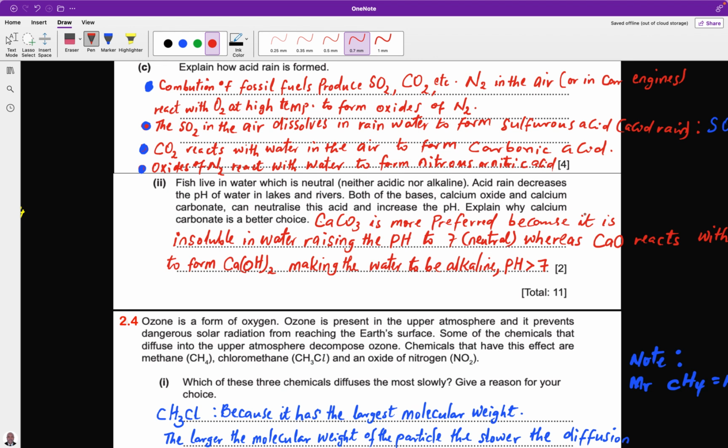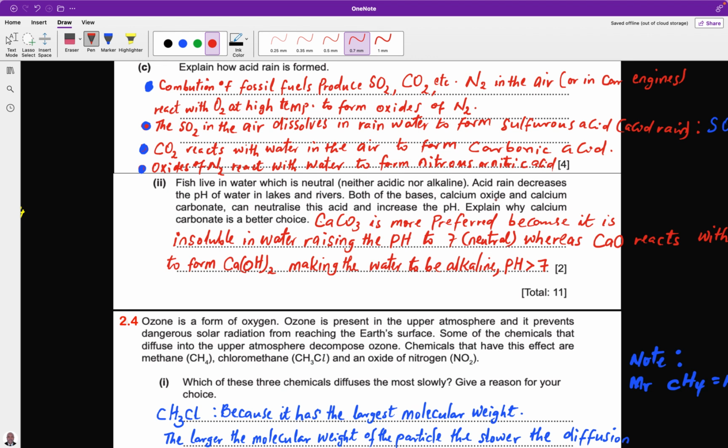Remember that when calcium oxide reacts with water, what is going to be formed will be calcium hydroxide, and that is going to be alkaline.